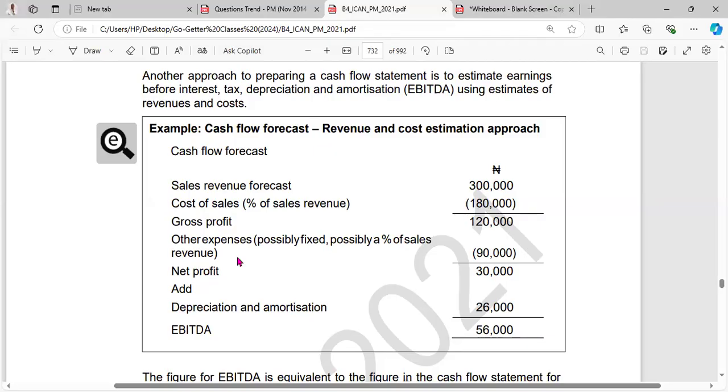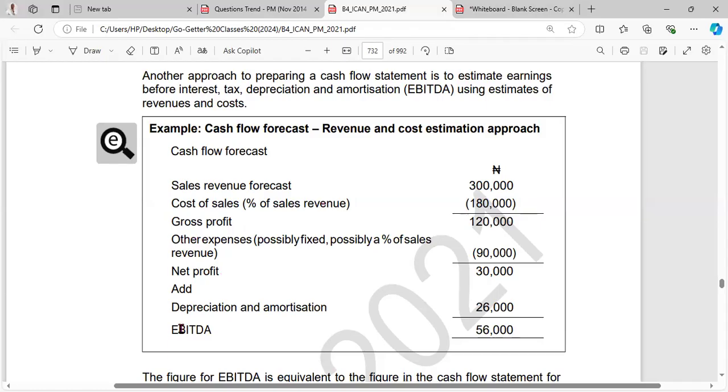So it means here that for these other expenses, you can forecast that depreciation and amortization will be excluded here, interest will not be there, and tax. So you can say other expenses excluding interest, tax, and depreciation. You can call it other expenses excluding ITDA.